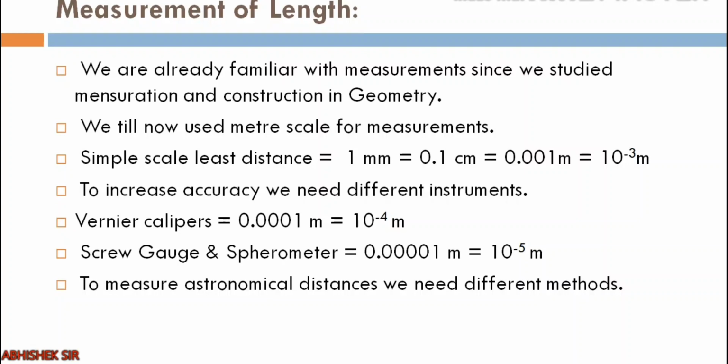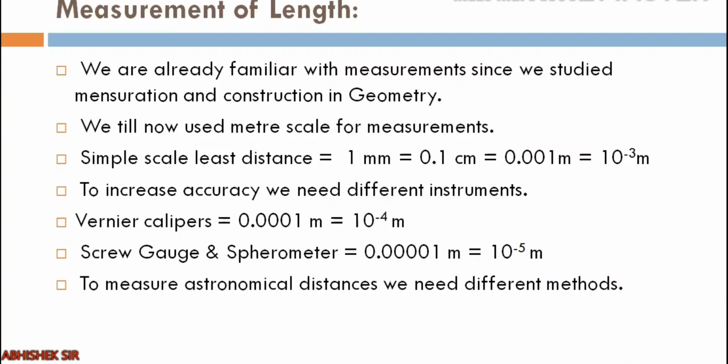Next time when you have a scale in your hand, just see, we have 15 centimeters. The big lines show the centimeters, and in between 2 centimeters you can see 10 different small divisions. Those small divisions are the measure of 1 millimeter, right?